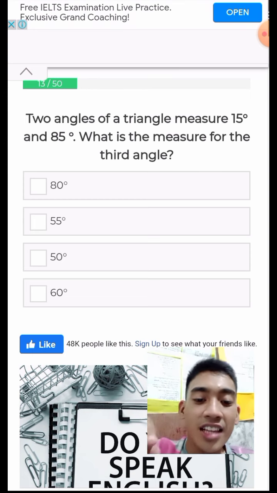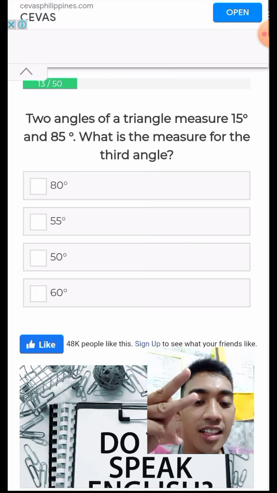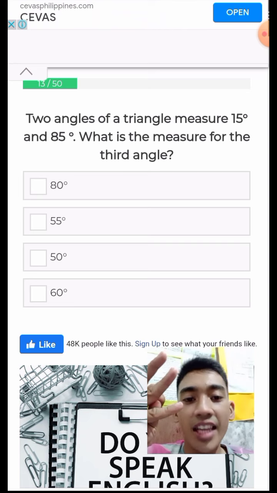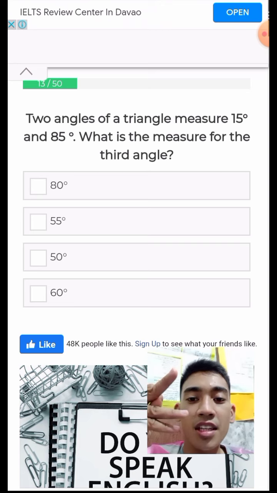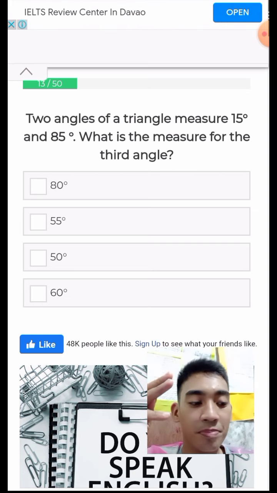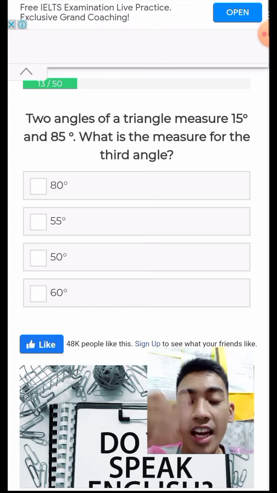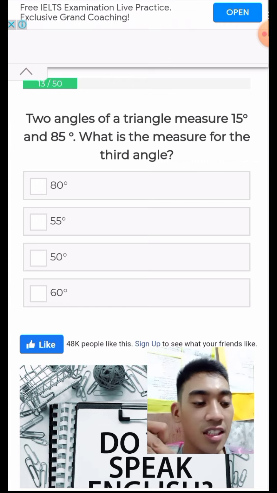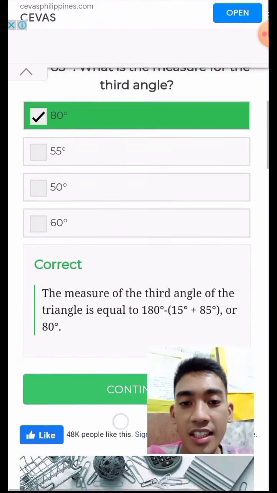In a triangle, there are 3 angles: angle A, angle B, angle C. If angle A is 15 degrees and angle B is 85 degrees, what's the third angle? Simply add 15 plus 85, that is 100 degrees. Subtract it from the total angle, which is 180 degrees. So we have 80 degrees. The third angle is 80 degrees.